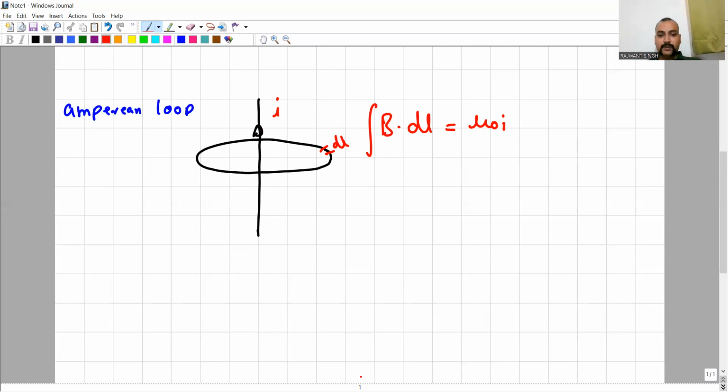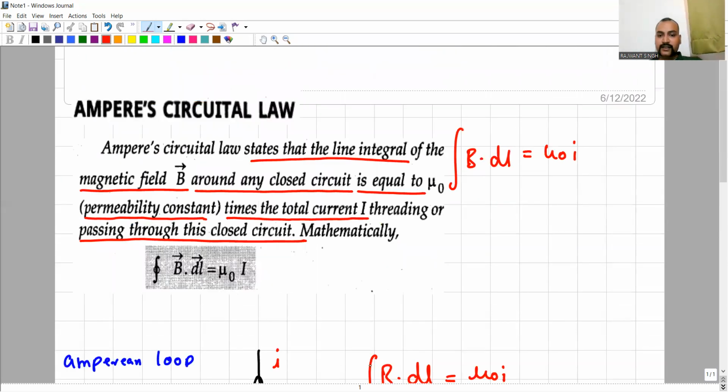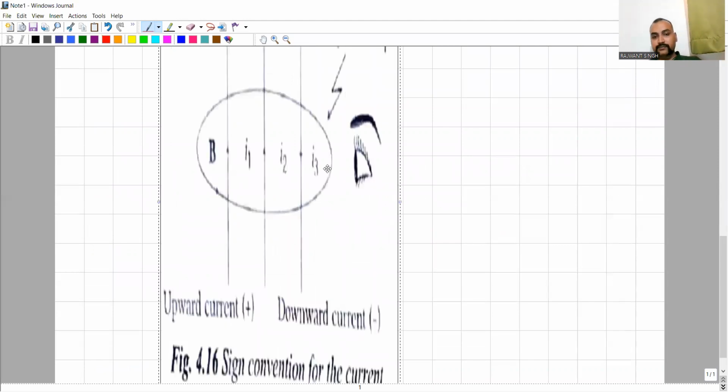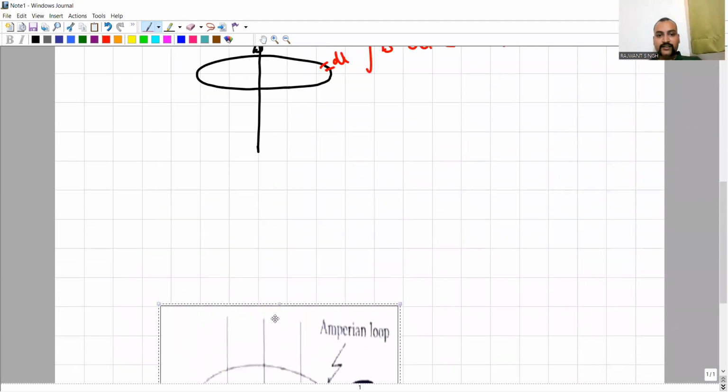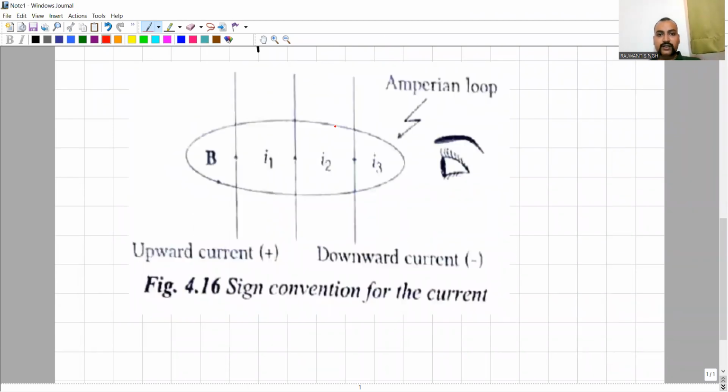Now this particular Ampere circuital law can be visualized in a variety of different ways. One of the ways is like this. For example, if you have a loop and multiple currents passing through the loop like this, this is your Amperian loop, and you have multiple currents.